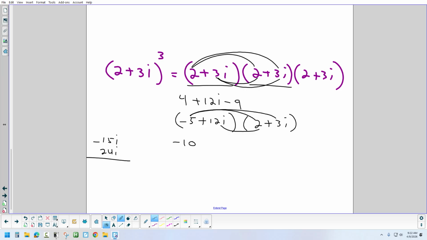If we take 24 and we subtract 15? 9i. Yep. So 9i. And what's 12i times 3i? 36i squared. And what's 36i squared? Negative 36. Combine like terms. -10 and -36.